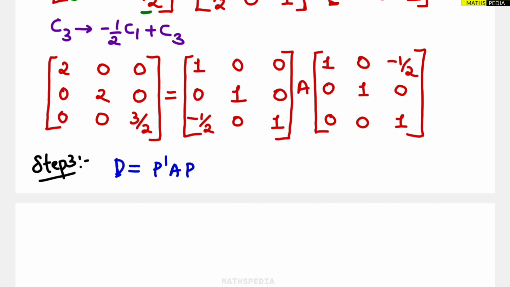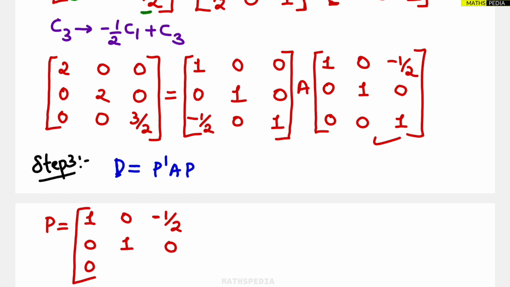Simple logic, right? So here, we can just write P, it will be useful afterwards also. Let me write the P matrix. What is the P matrix? This matrix: 1 0 minus 1 by 2, 0 1 0, 0 0 1. Then what is the diagonal matrix D?